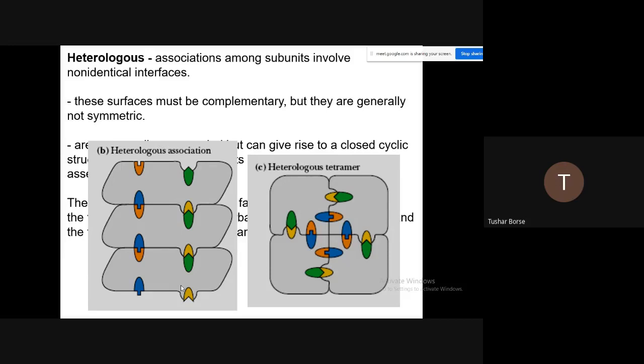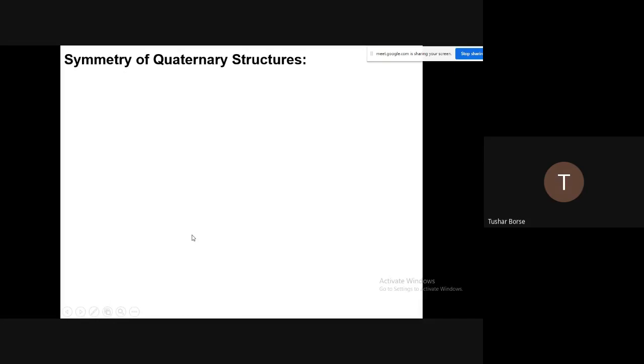But here, the symmetry is not the horizontal or vertical type of symmetry which I told you about, but a rotational symmetry, right? This is what the scientists came to know when they tried to study the larger proteins, specifically the virus coat proteins.